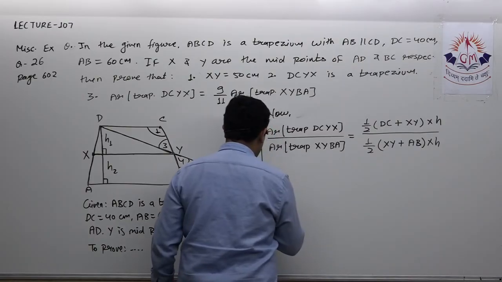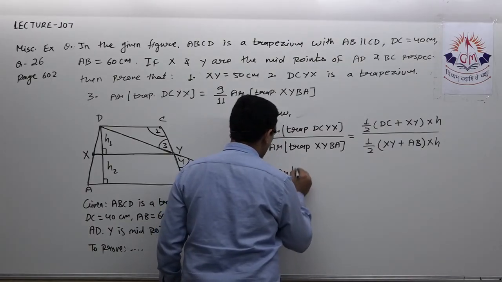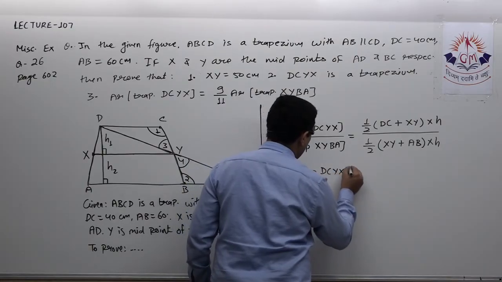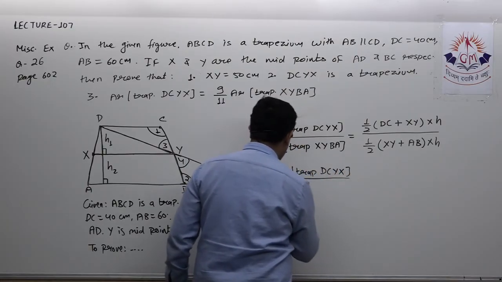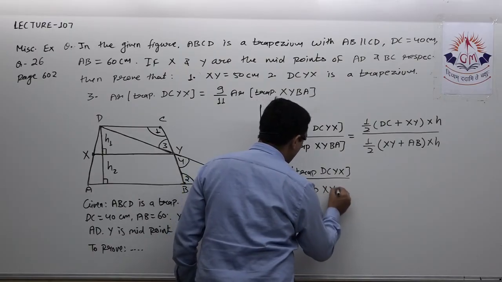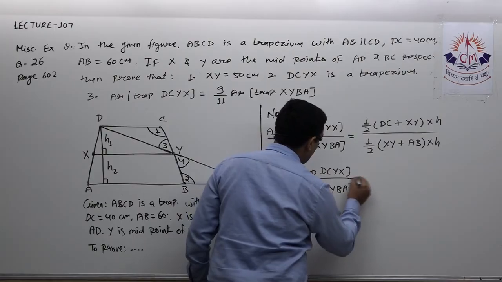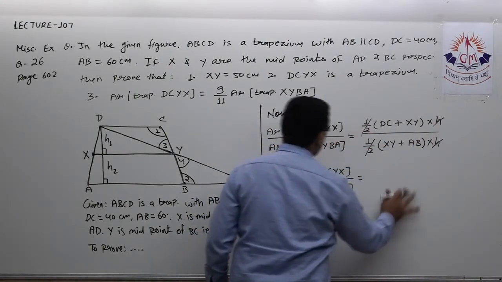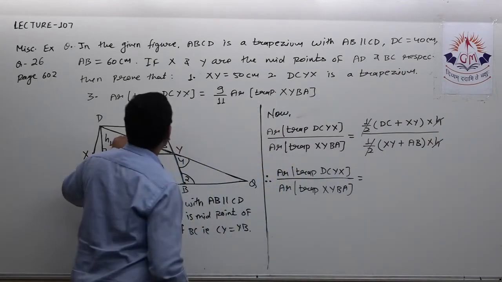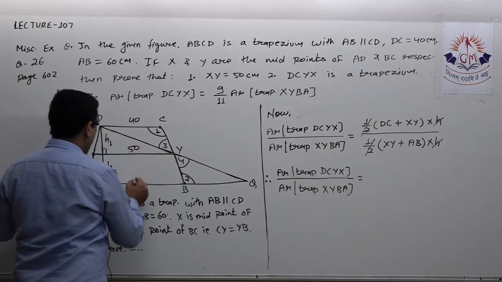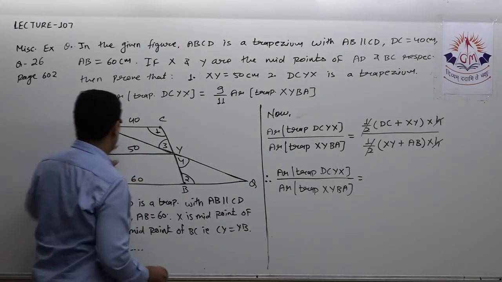So here I can write area of trapezium DCYX upon area of trapezium XYBA is equal to 1 by 2, and h and h will cancel out. Now DC plus XY, DC is given 40, this we obtained 50, and this is 60.